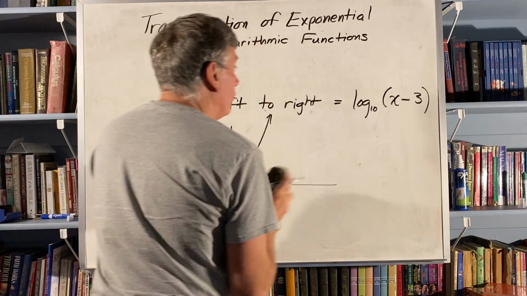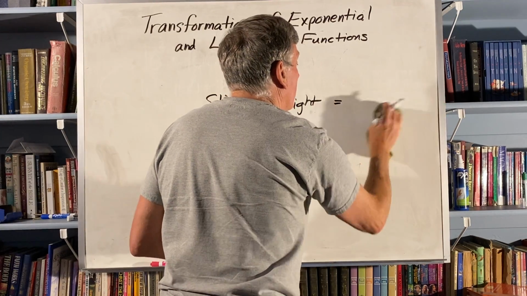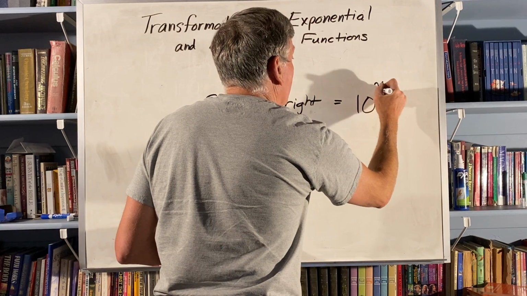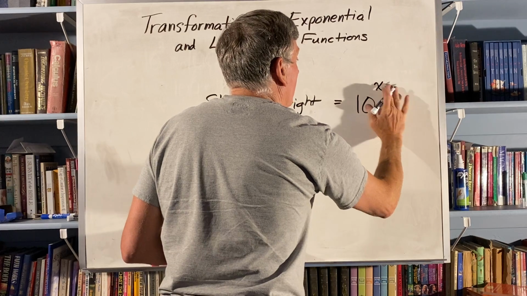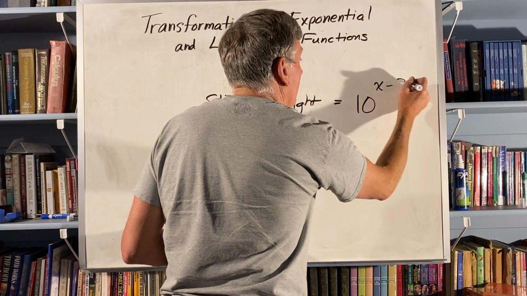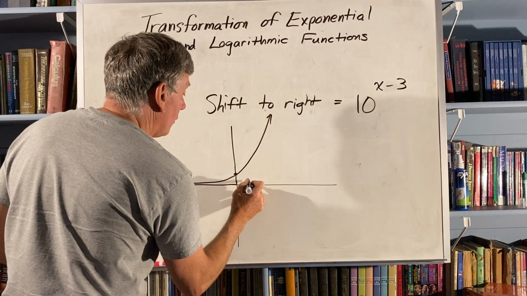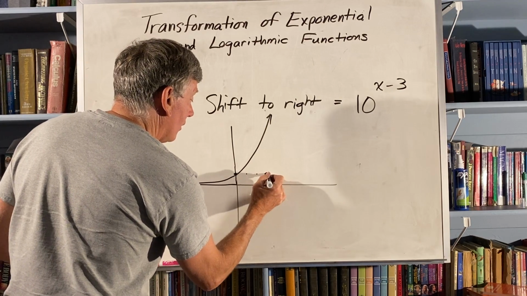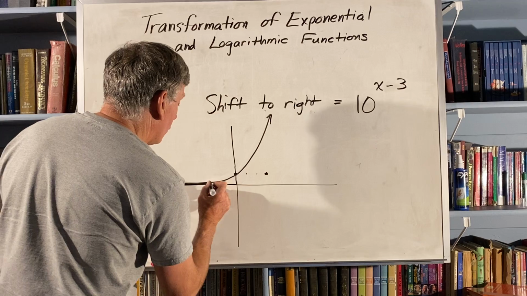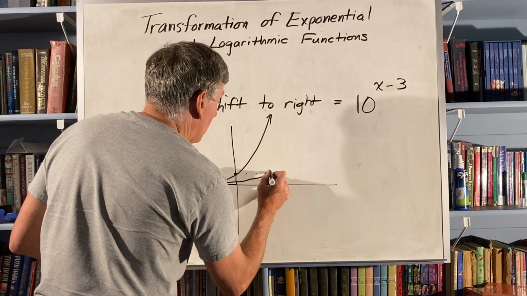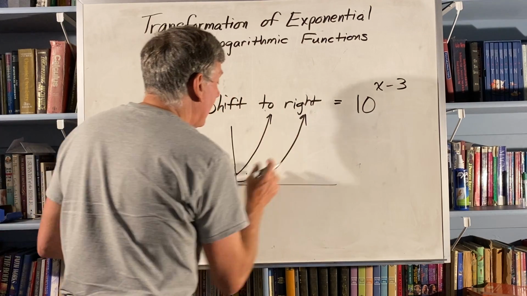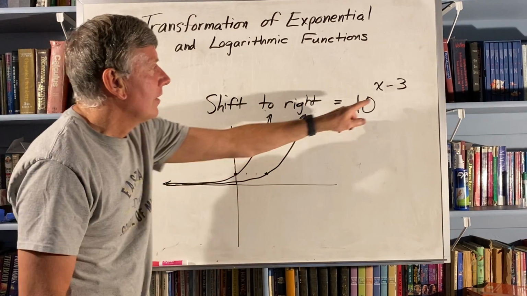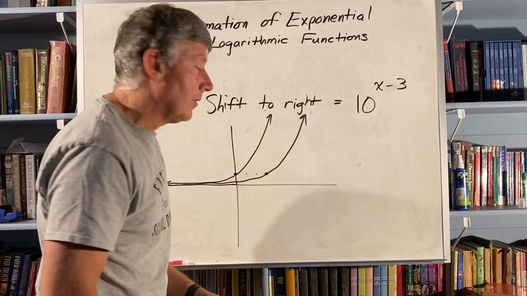If I shift to the right and say that it is 10 to the x minus 3, I'm going to the right. So I'm going to go 1, 2, 3. This is the new point that it's going to go through. But otherwise, the whole function is just going to shift to the right because I subtracted 3 from this number.